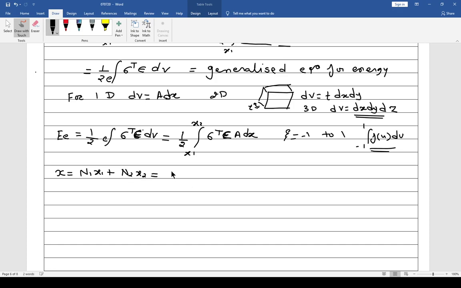Let's rewrite that equation here. So x equals N1 x1 plus N2 x2, which is (1 minus xi)/2 times x1 plus (1 plus xi)/2 times x2. Just let me know whether you got this relationship or not.